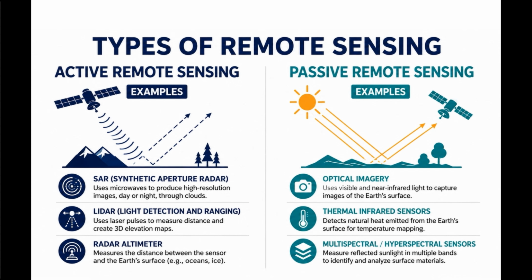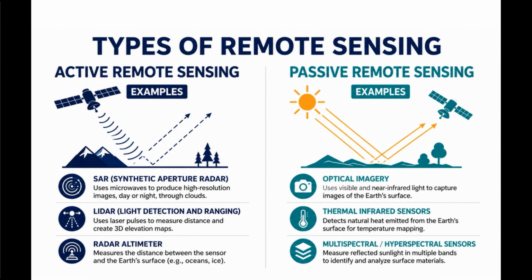And there is the radar altimeter that measures the distance between the sensor and the Earth's surface. The examples of passive remote sensing include optical imagery, which uses visible and near-infrared light to capture images of the Earth's surface. We also have thermal infrared sensors that detect natural heat.